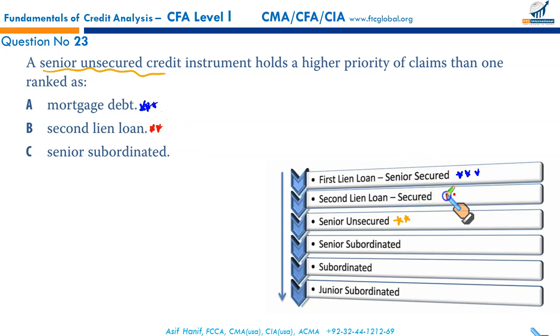So that you know the exact locations, it will be easier for you to give your answer. And senior subordinated is given in black. Now, look at this orange. Where does it stand? Does a senior unsecured credit instrument hold a higher priority of claim than the mortgage debt? No, it is lower than mortgage debt. Is it higher than the second lien loan? No. Then it is only higher than the senior subordinated debt. So that makes C our correct option.